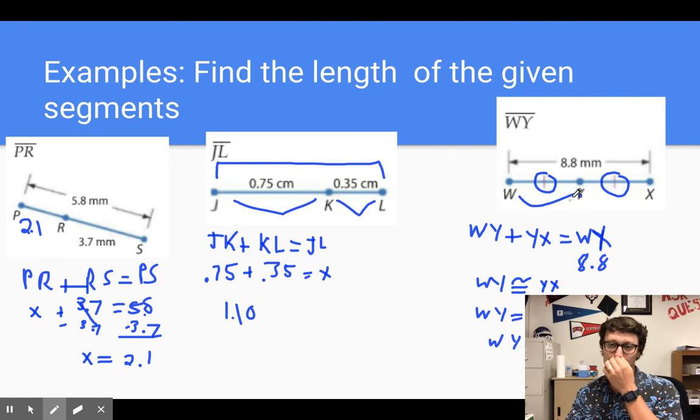And we know that if we combine those together to equal the whole thing, and they are now the same thing, if we replace them with an X, they are both X. So you could say that 2X has to equal 8.8, right? Because they have to be the same thing. So we divide by 2, and we would find that X is equal to 4.4. So both of these, since they are congruent, have to be 4.4.